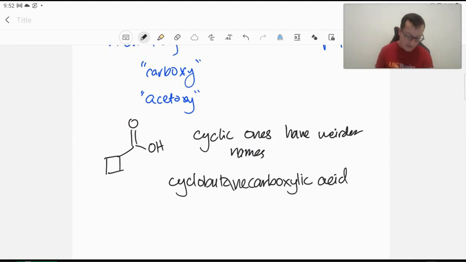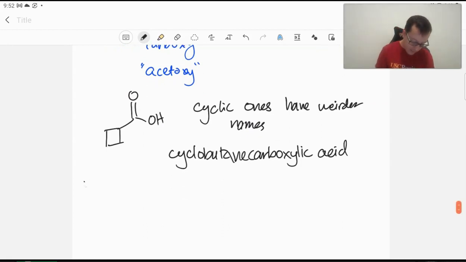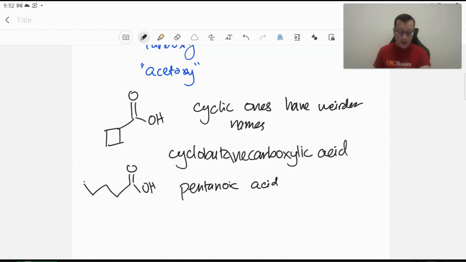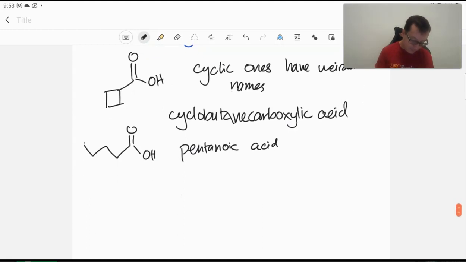Whereas something like, let's say that's 5 carbons, this is just pentanoic acid. With cyclic ones, you have to say carboxylic acid just stuck onto your cyclic alkane name. So it's terrible, I know, but that's how we have to name these things. But plain old pentanoic acid.